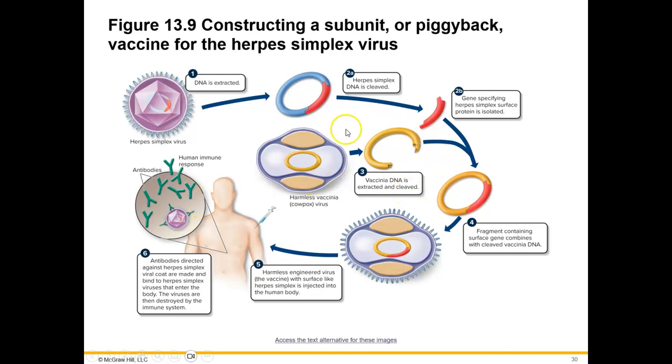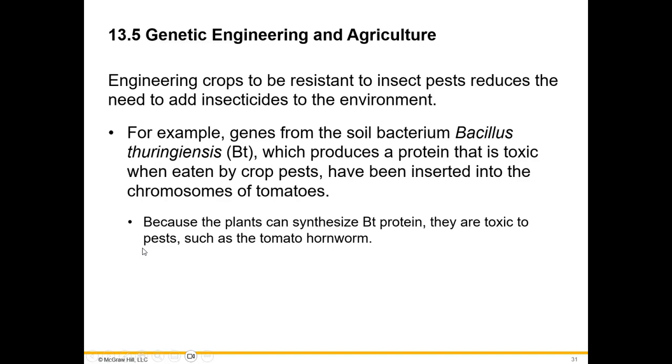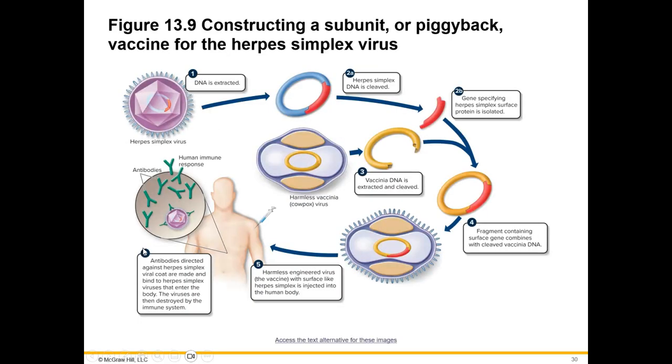We do that using a vector, which is anything that is a carrier is something that you can call a vector. So this cowpox vaccine DNA is our vector to introduce that segment of the herpes virus. So the immune system will recognize it and kill it very quickly in the future. Because if we don't do that, the herpes virus will come in and our immune system will take a long time to figure out it's a bad guy.